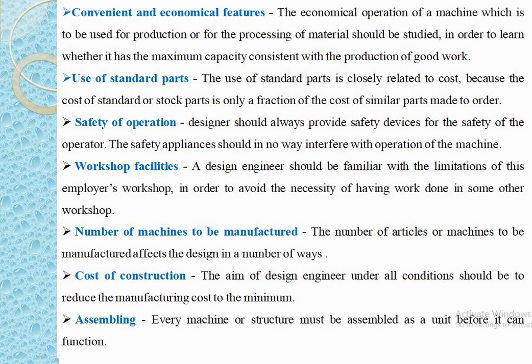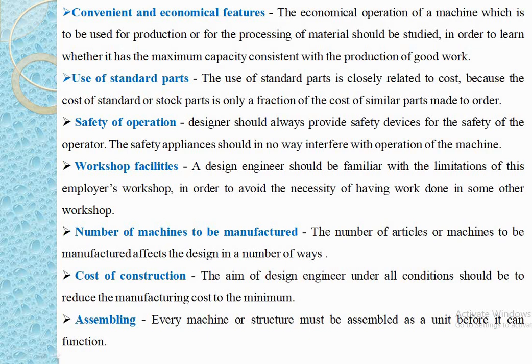And if the order is for fewer parts, and a special machine is required to carry out the machining processes for that machine component, then it will add to the cost of the product. That's why it is necessary to decide the number of machines and machine components to be manufactured before actually going into the design procedure.